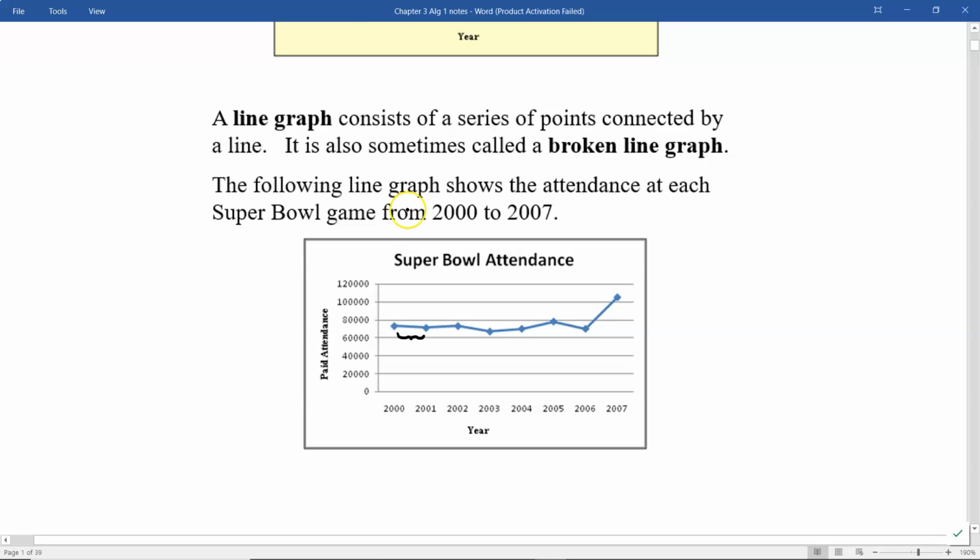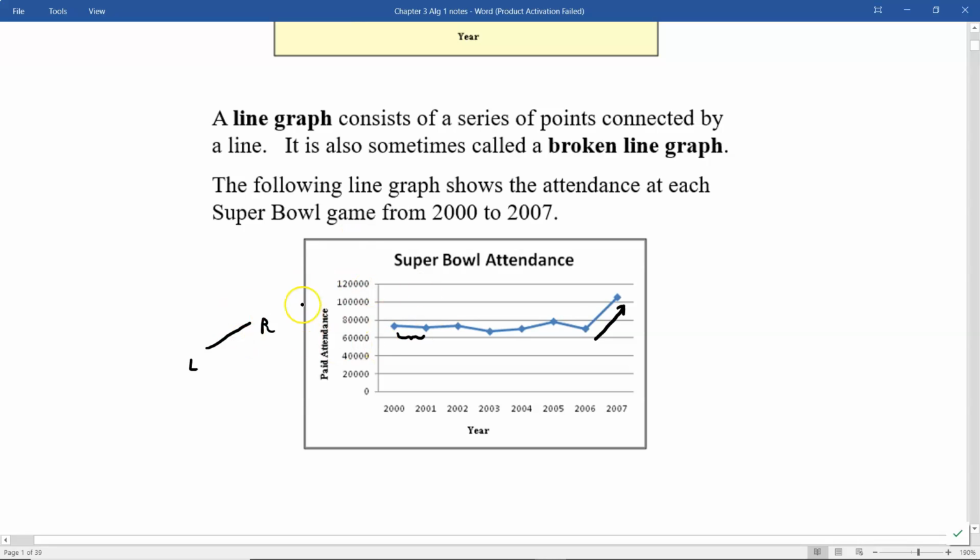So the number of Super Bowl attendance decreased from the year 2000 to 2001, very slightly. When the line is going up, going up from left to right, that means that there's been an increase in whatever number we're measuring. So for example, from 2006 to 2007, there was an increase in the Super Bowl attendance.